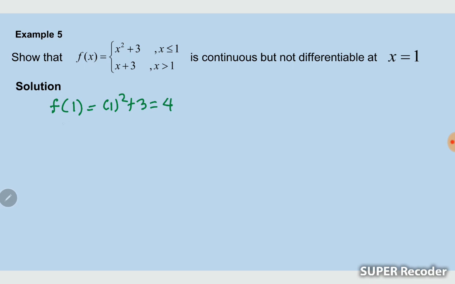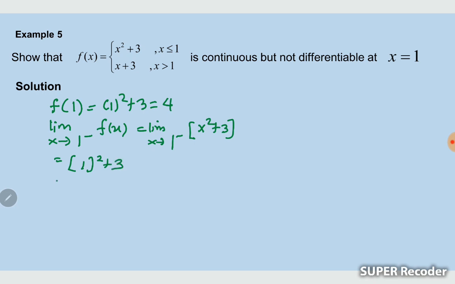Second one, find out the limit when x approaches 1 from the left for the function f(x). Left means less than 1, so the function is x squared plus 3. So the answer is 1 squared plus 3, that is 4.